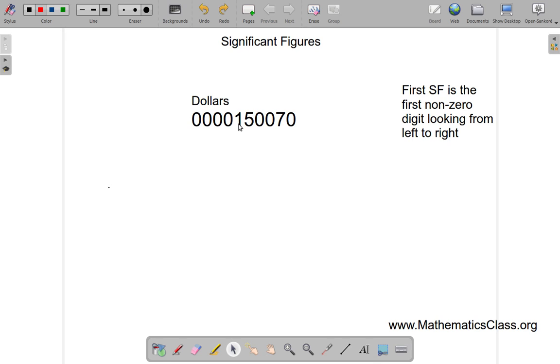So let's print out this digit representing your money and see what's going to happen if we leave out some of them. Suppose we look at this and say we're going to remove this digit. Now what you would have is 0 0 0 1 5 0 0 7 0.